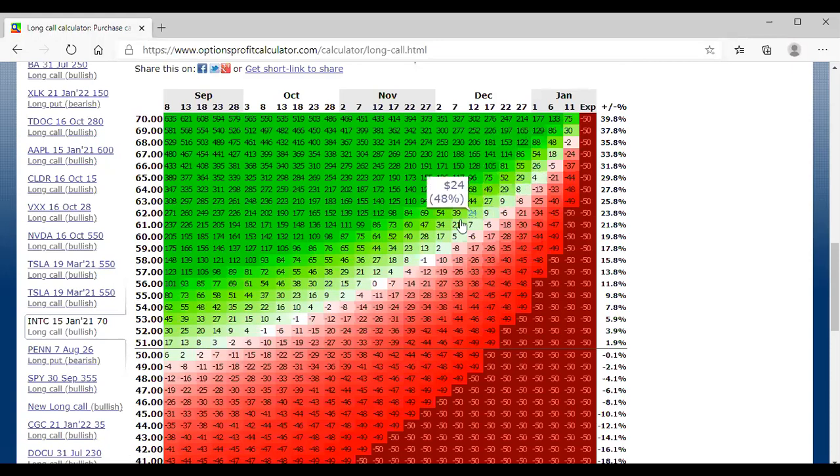But all this white area in here is also considered a break even on your contract. So if it stays in the green, I'll rock with it. But the moment it starts flirting with this white area, I'm going to look to start to get out.